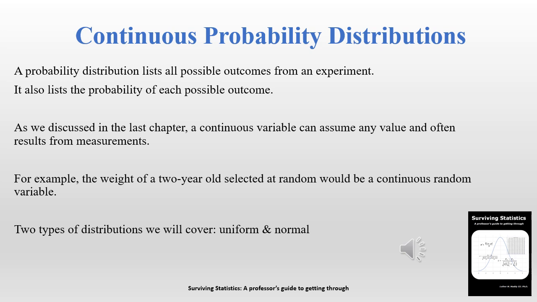For example, the weight of a 2-year-old child selected at random is a continuous variable. They could weigh 20 pounds, 23 pounds, 22.9 pounds. So the two types of distributions we're going to cover in continuous probability distributions are uniform and the normal distribution, which uses the normal curve that, like I mentioned, we'll be using quite a bit.